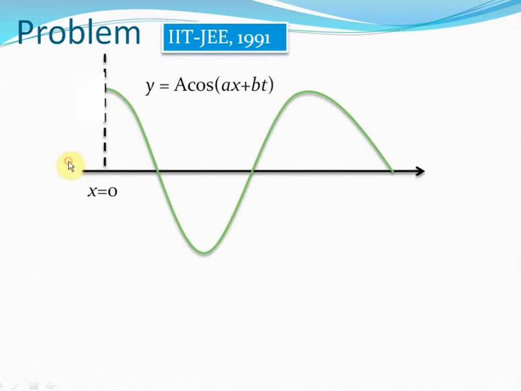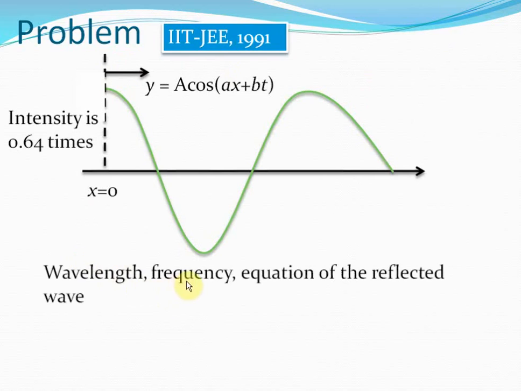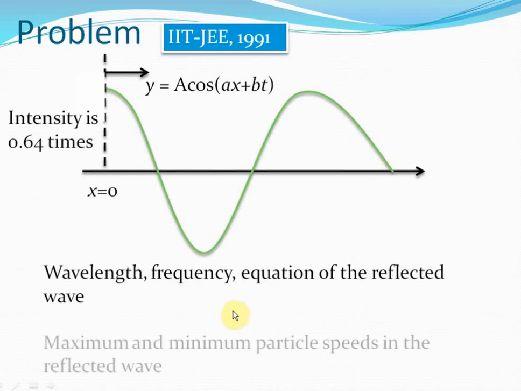So the wave gets reflected such that its intensity becomes 0.64 times the original intensity. That is, the intensity of the reflected wave is 0.64 times the intensity of the initial wave. The initial wave is traveling towards the left and the reflected wave is traveling towards the right. Now we have to find the wavelength, the frequency and the equation of the reflected wave. We also have to find the maximum and minimal particle speeds in the reflected wave.